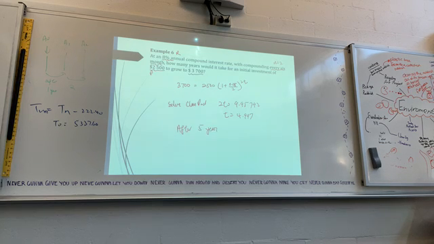Alright, now let's use the same question and look at how you would use your sequence. This time we know that this is T0 and we don't know what this is.